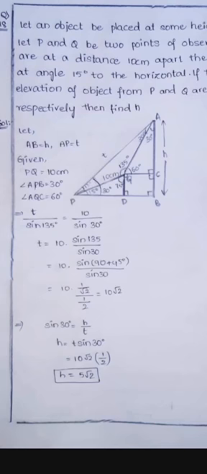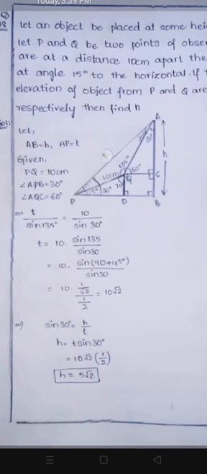So we know the PQ bar side length: what is that? 10 centimeters. Its opposite angle is what now? 30 degrees. The ratio between them must also be the same.